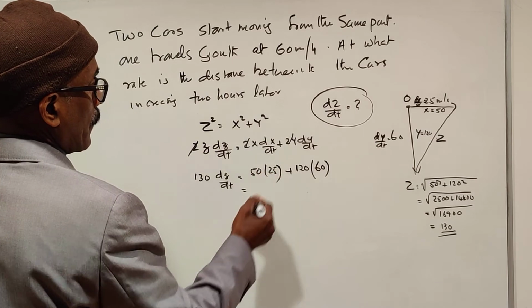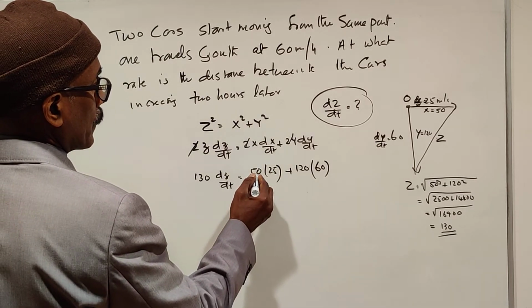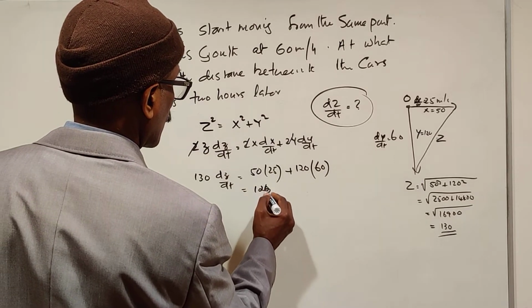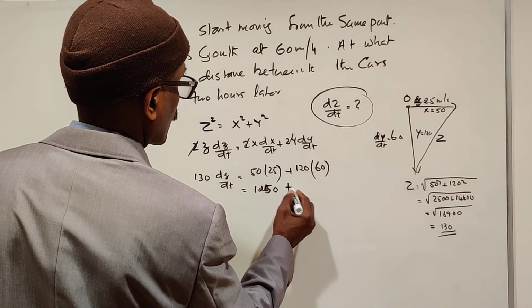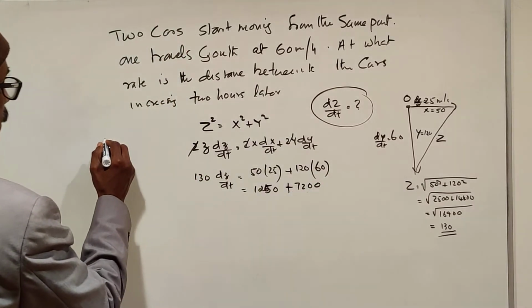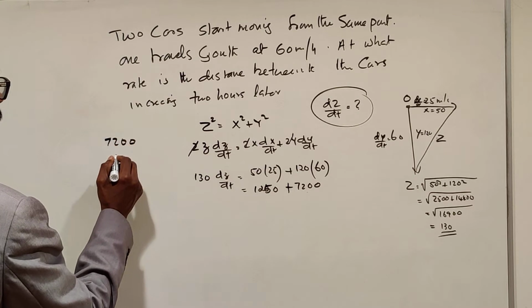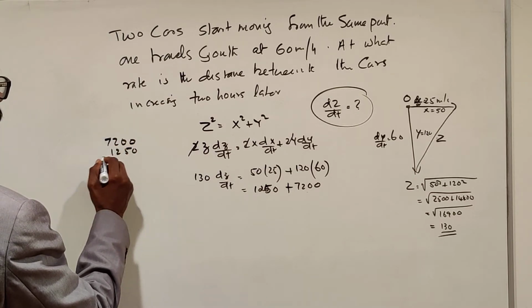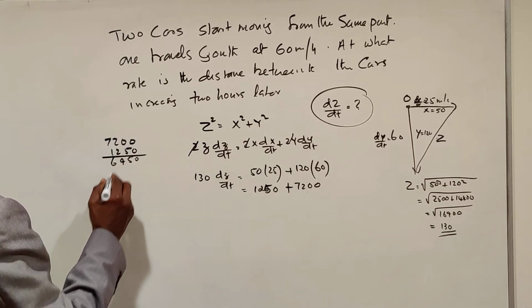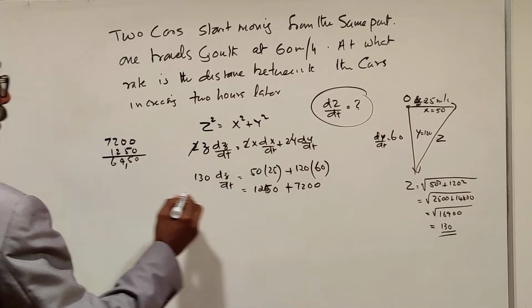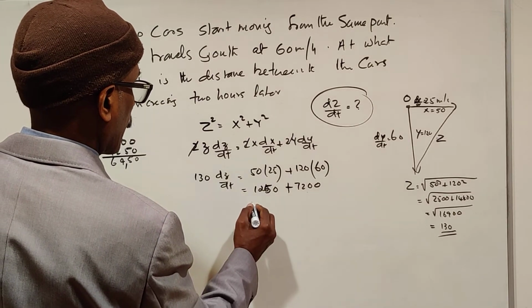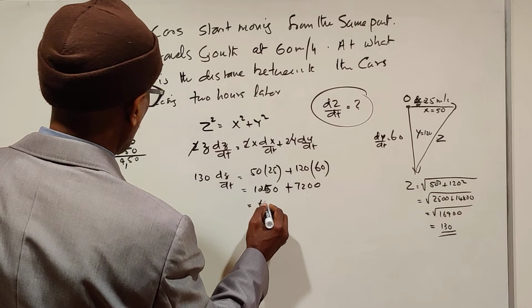So just multiply these two: 1250 plus 7200. When you add, 8450.